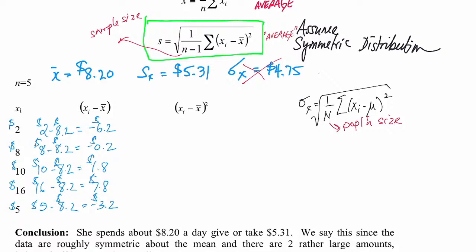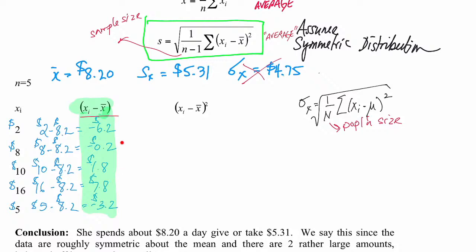Okay, so now what? Let's say I just did this and computed the deviations from the mean. I guess I can just shade it. So these are the deviations from the mean. Why don't I just average those?